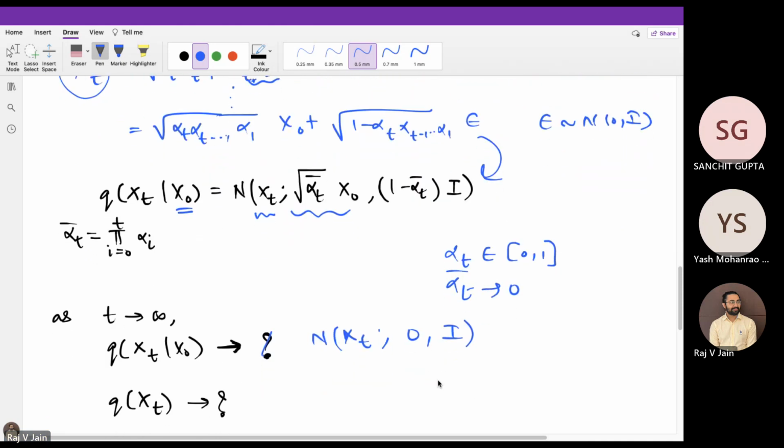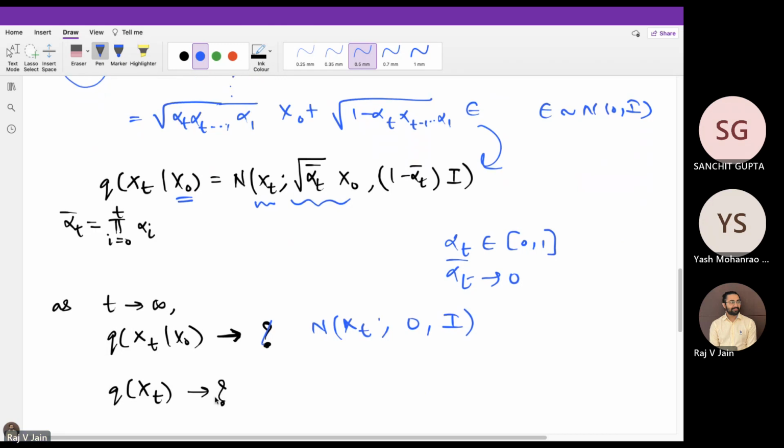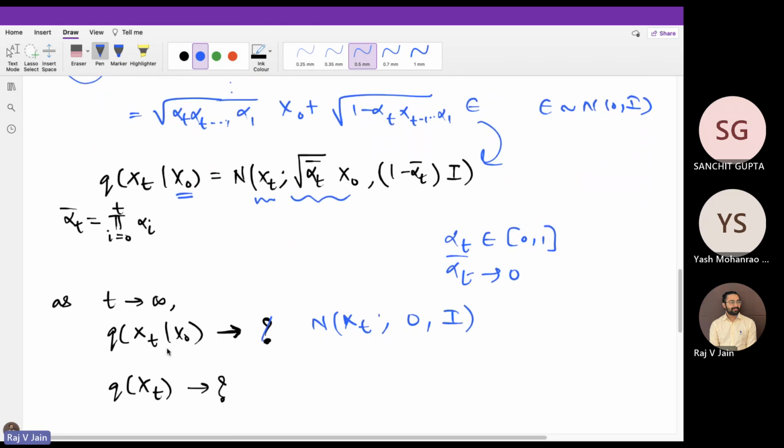And then what can I tell about q of xt? This is the conditional distribution of xt given x naught, so what is q of xt then? Gaussian, again Gaussian. How do you argue that mathematically though? Because 1 minus alpha bar t will go to 1, so from that equation it's unit variance and 0 mean.